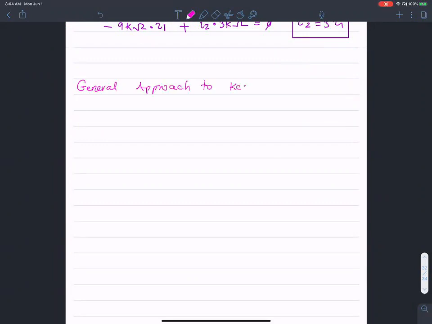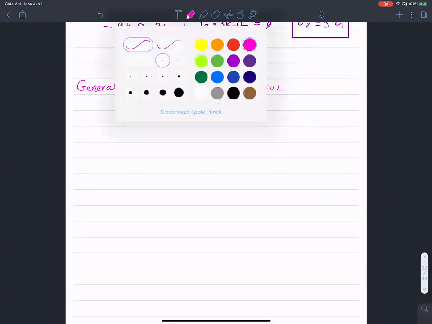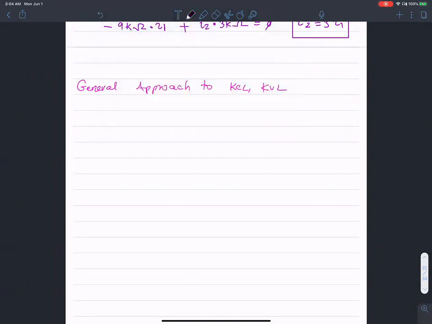The general approach to KCL and KVL, in order to solve any problem, is, number one, the very first thing that you do is to set up directions for voltage drop and the current flow through all the terminals, and name or identify unknowns.